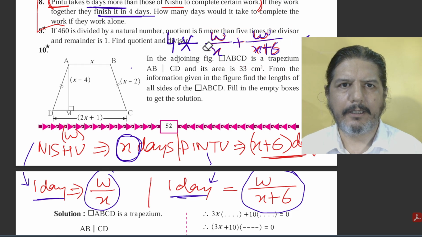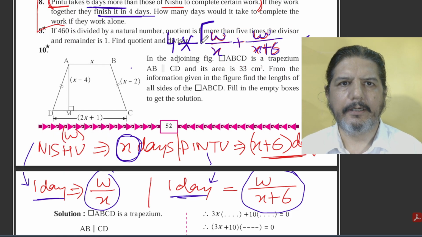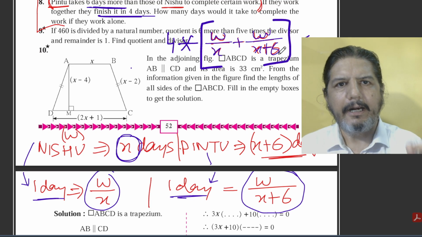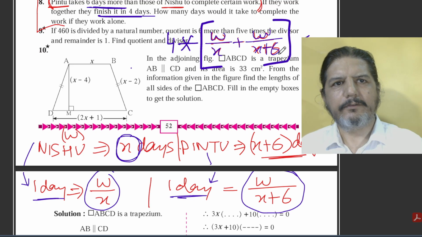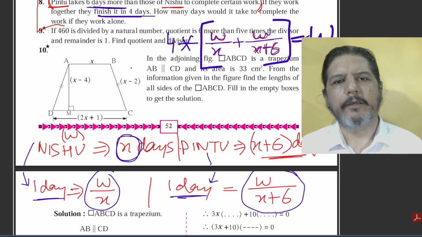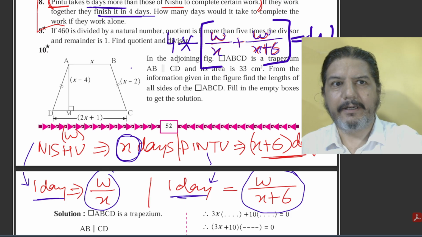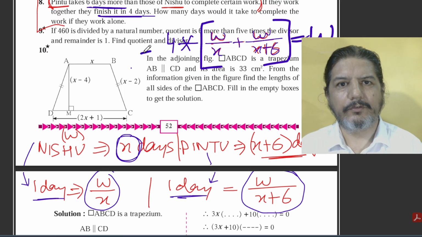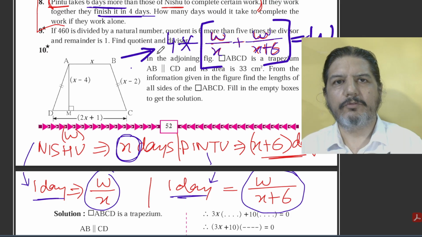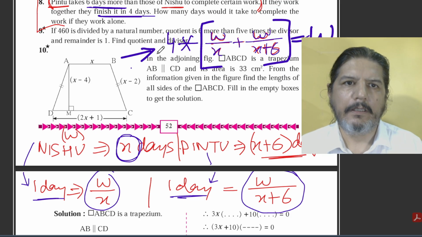I'll put this in brackets. This would have completed the work, so this would be equal to W. I hope you are able to understand. If not, you will have to rewind. But finally, this is the equation which is formed, and which will help us solve the question.